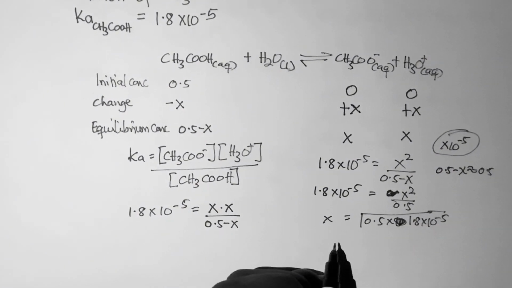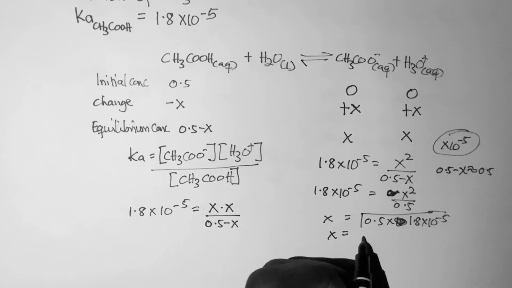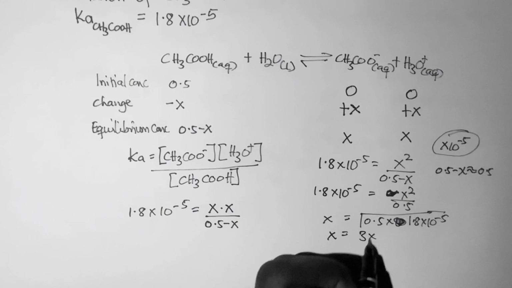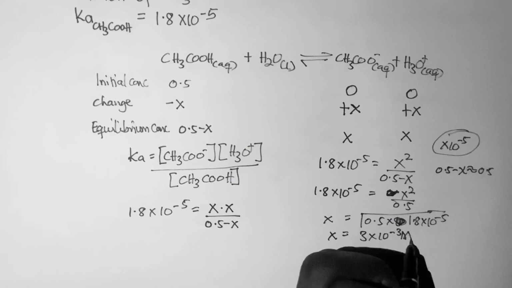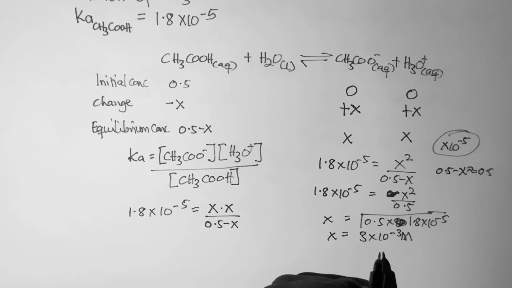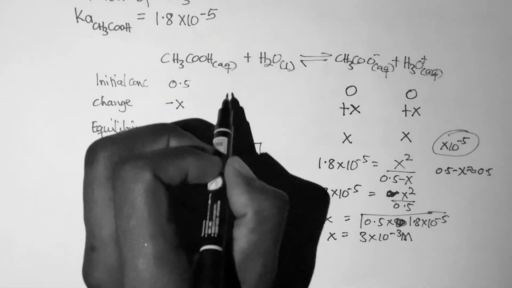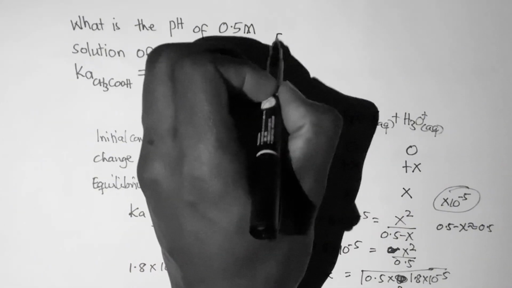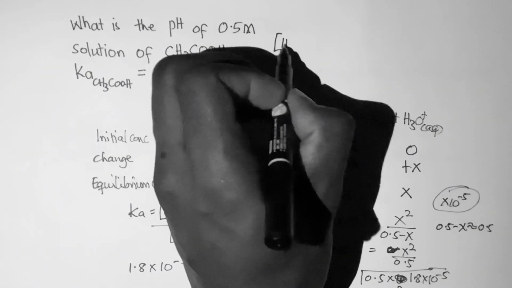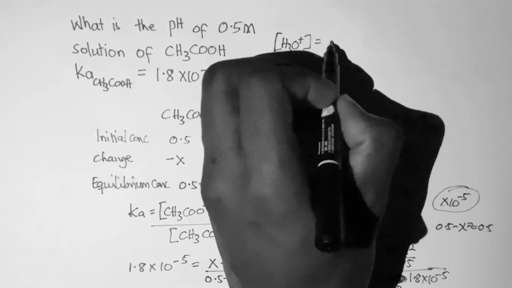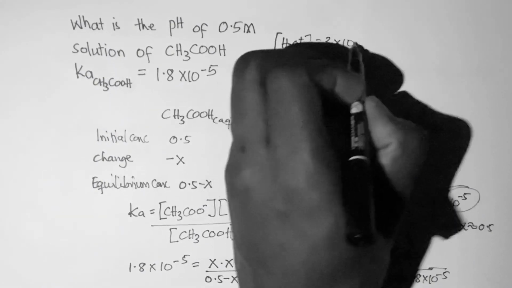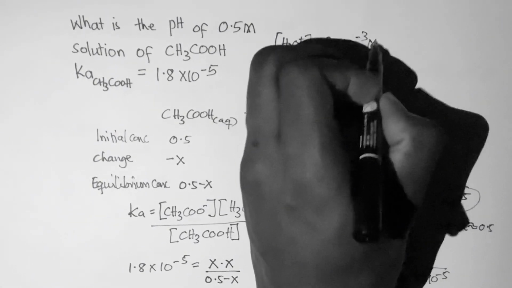And if you compute this, you are going to get X to be equal to 3 times 10 exponent minus 3 molar. So the concentration of H3O plus ions in solution is equal to 3 times 10 exponent minus 3 molar.